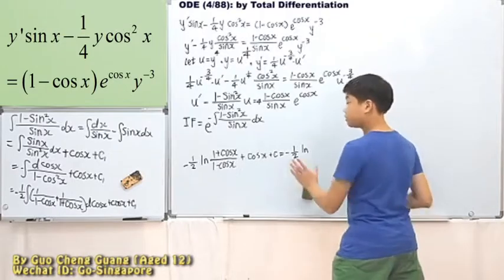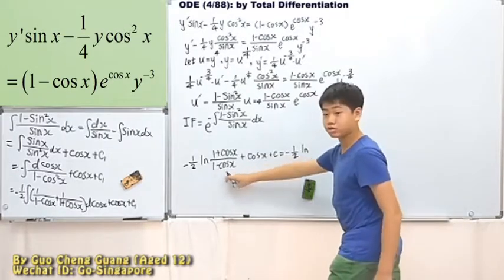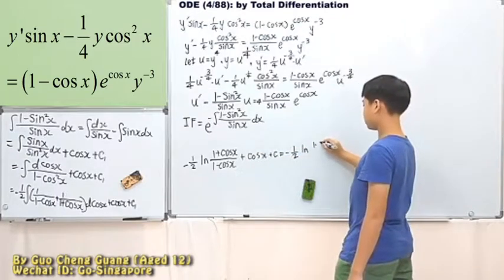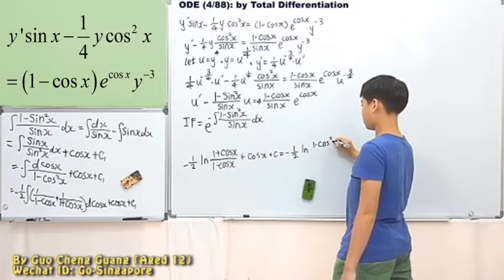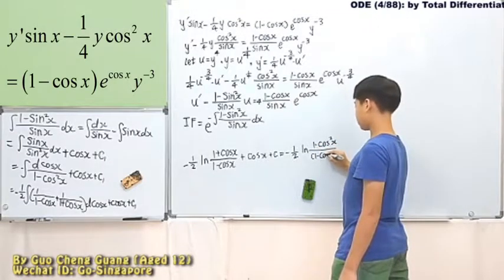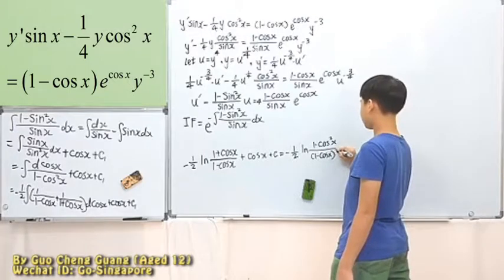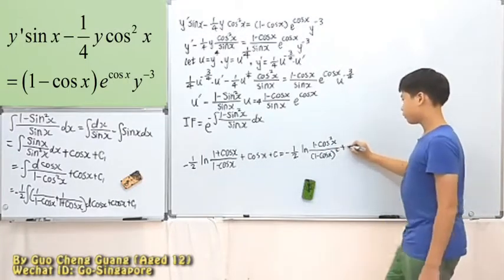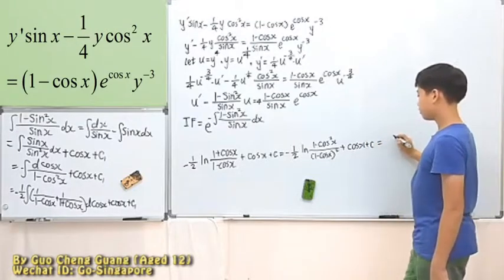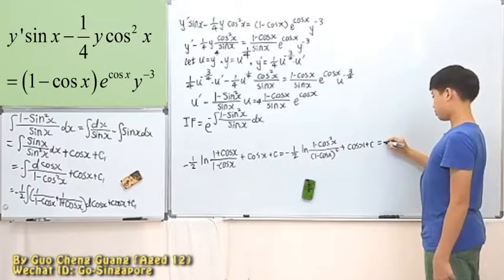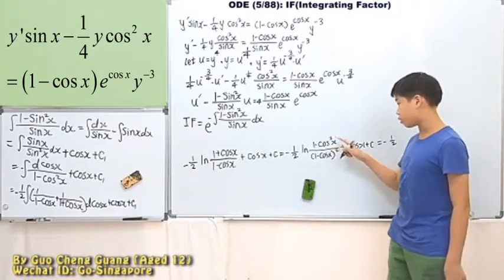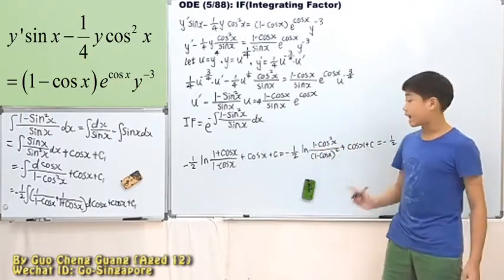Then here ln, let me just first times 1 minus cosine x on both sides. Then from this part, 1 minus cosine square x, you can change it into sine square x.